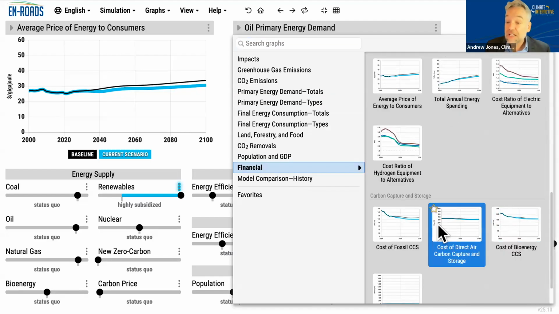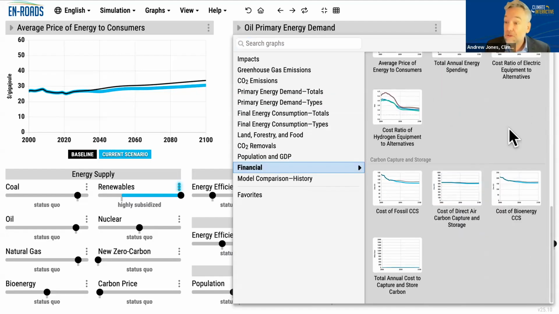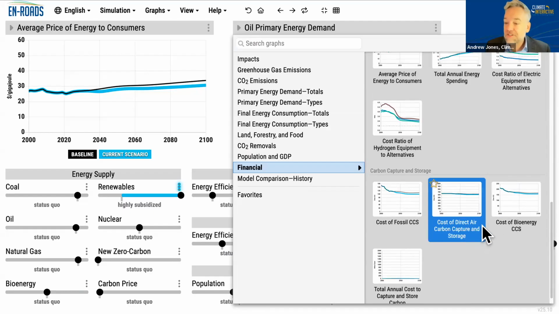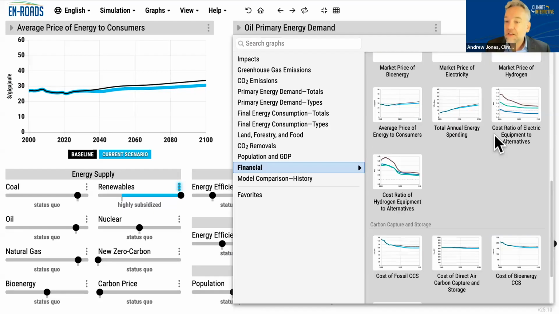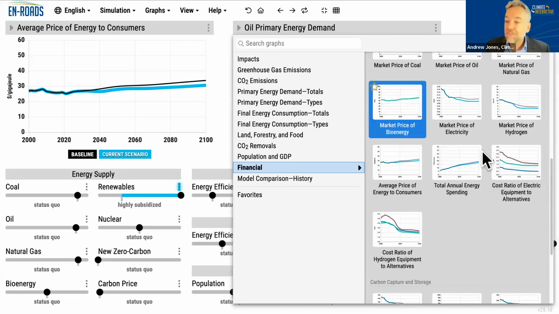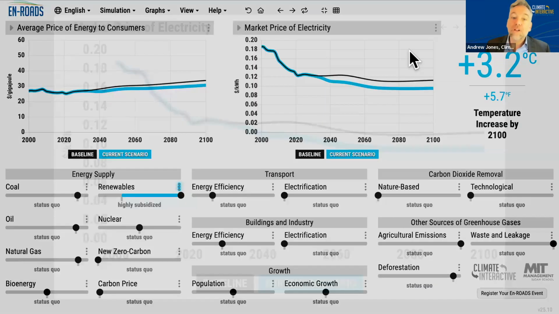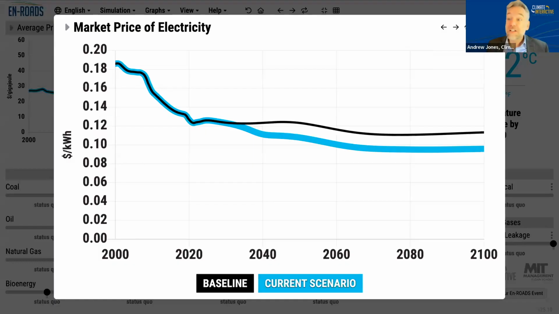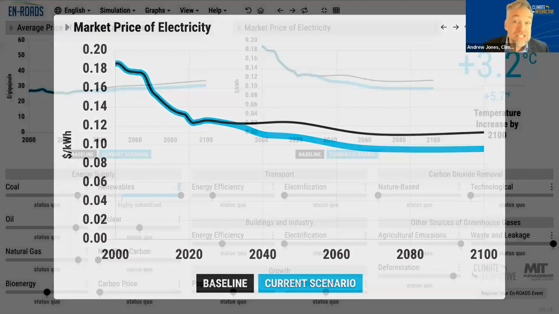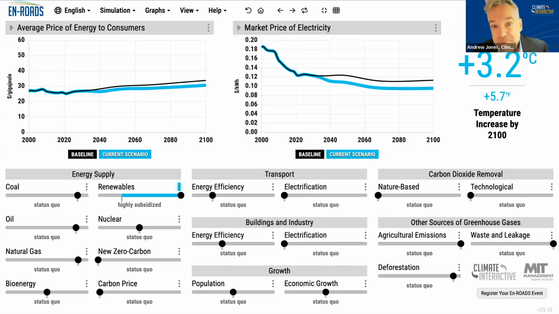Price of electricity will come down if we use this very inexpensive, I've got it right here, average price of, there it is, market price of electricity. So renewables, very helpful, not making a huge dent because it doesn't displace much fossil fuels, but helping with affordability, and maybe when complemented by other things will help more.